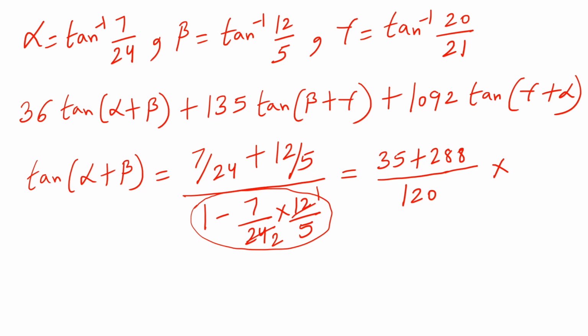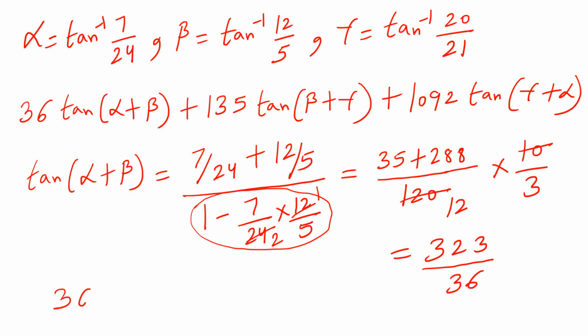This is 3 upon 10. So here it becomes 10 upon 3. Now students, this is 323 divided upon 36. So clearly the value of 36 into tan of alpha plus beta becomes 323.